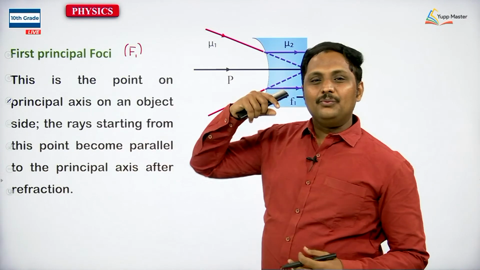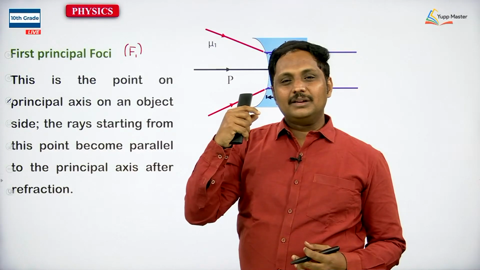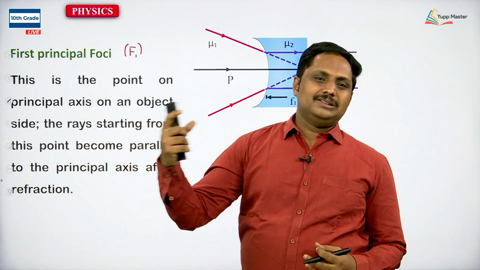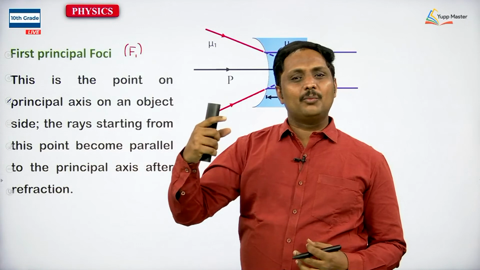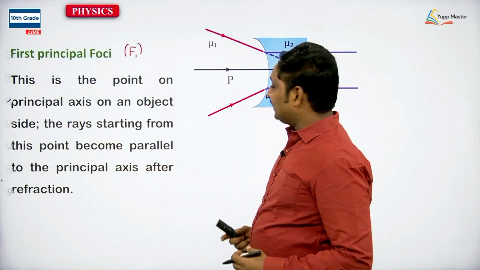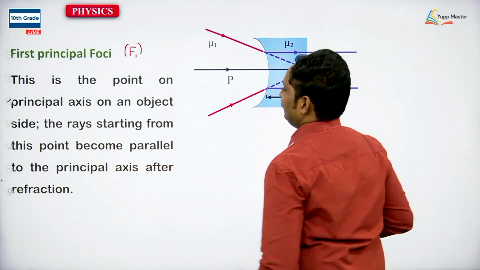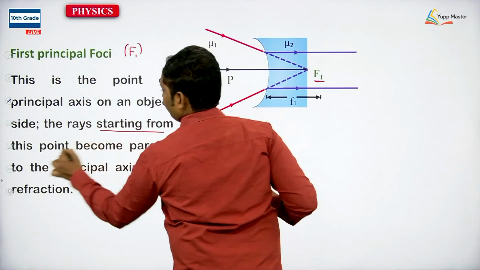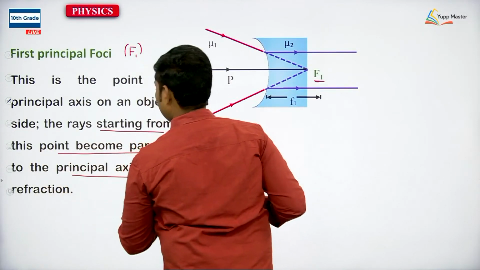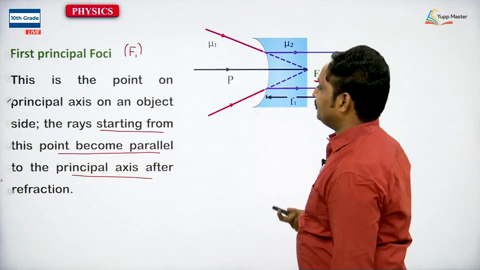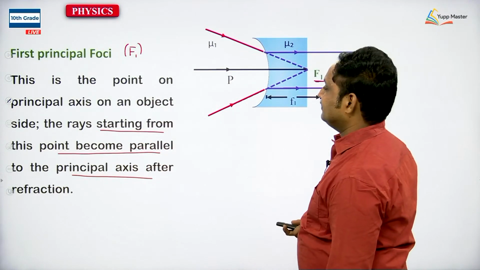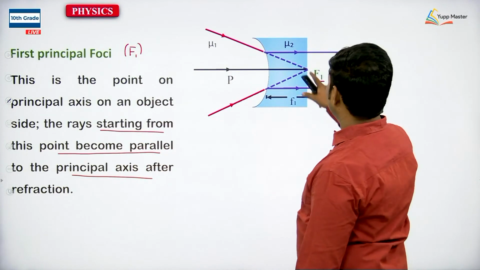It is a point where the incident light rays are about to meet and become parallel. The rays starting from this point become parallel to the principal axis after refraction. They are about to meet at this point.